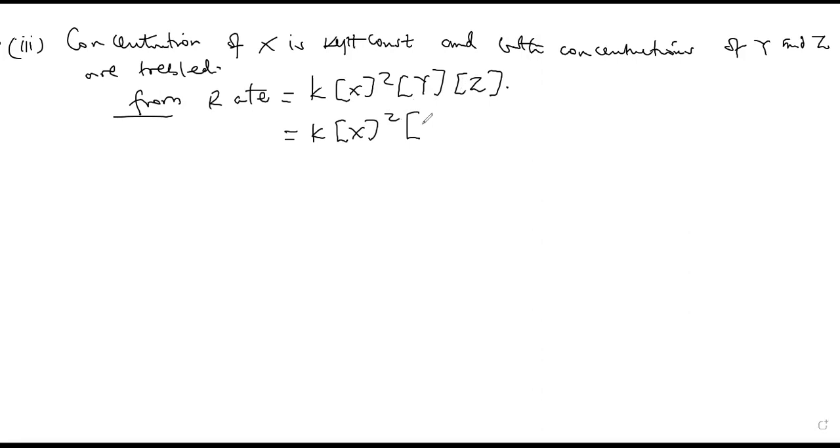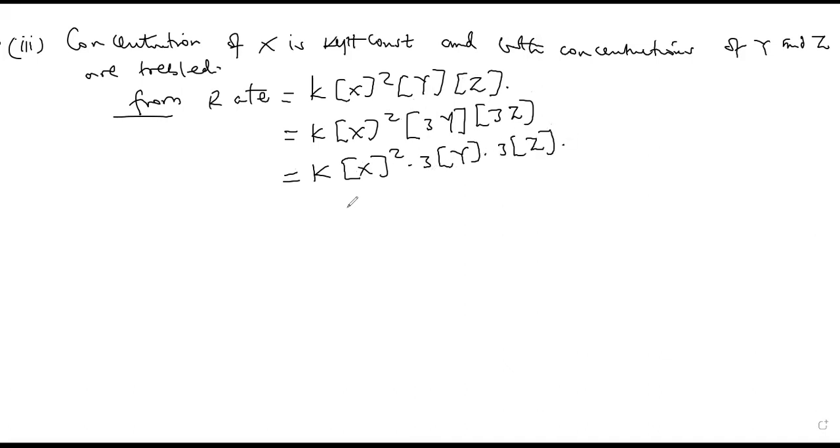So it is 3 concentration of Y times 3 concentration of Z. So this is the same as k, X squared times 3 concentration of Y times 3 concentration of Z.